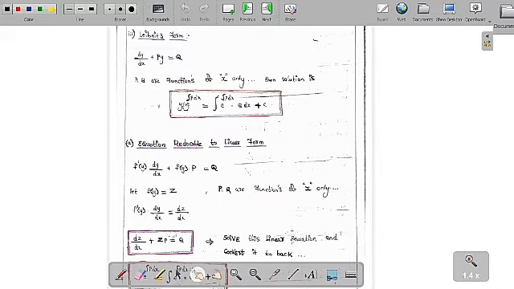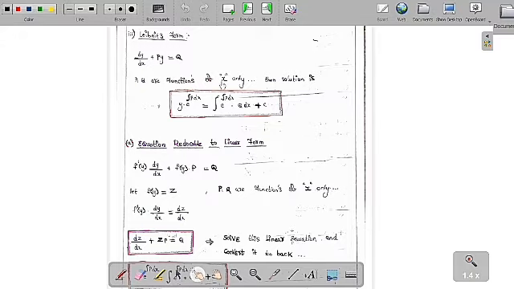The solution is y into e to the power of integral p dx is equal to integral of e to the power of integral p dx into q dx plus c, where c is a constant. This e to the power of integral of p dx we are going to call the integrating factor. So y into integrating factor is equal to integral of integrating factor into q dx plus c. This is the general solution.